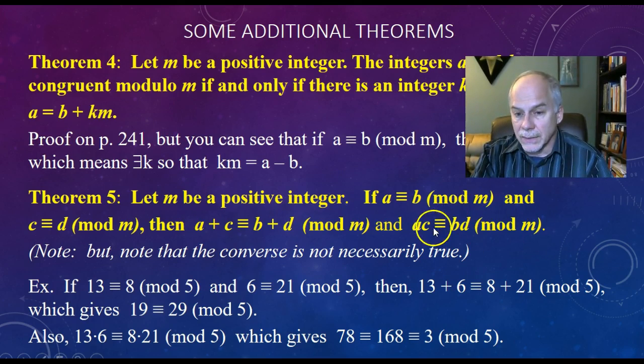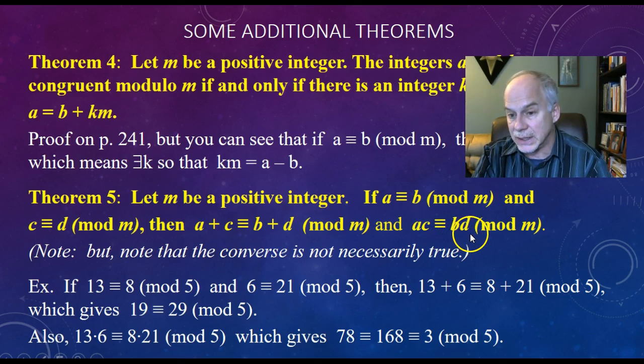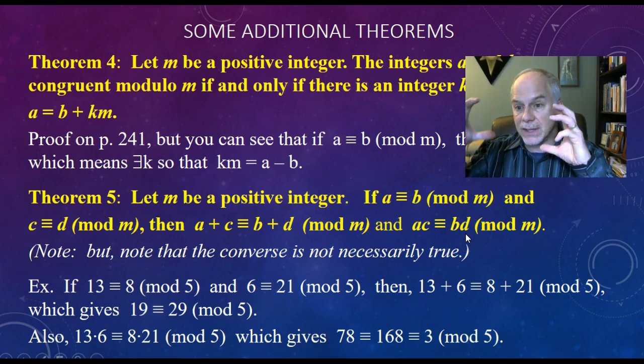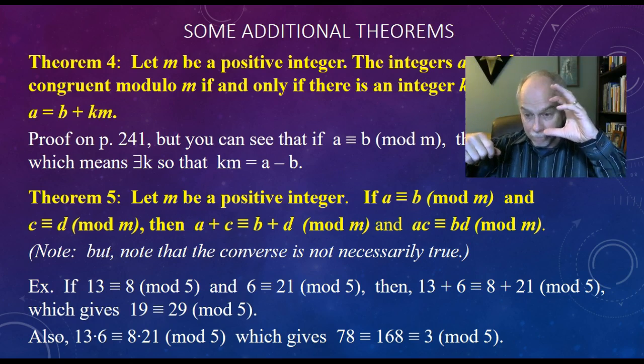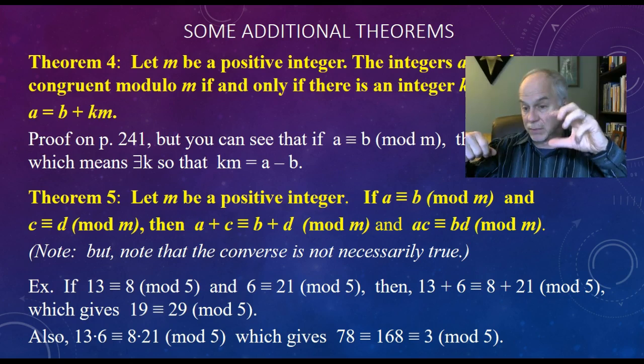Now, the next part of the theorem says a times c will be congruent to b times d. This says that you can multiply the left sides of the two congruences, and that will be congruent to the right sides multiplied together. Okay?